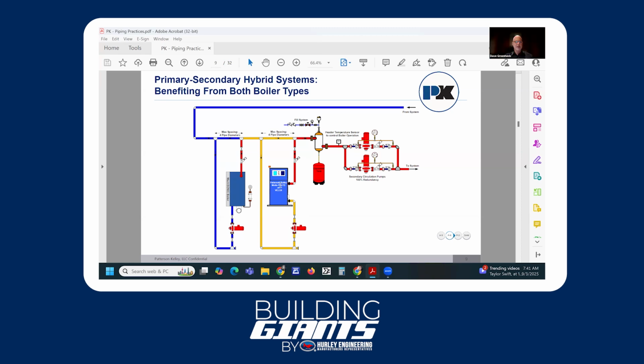Hey, Daryl, would you mind explaining why we have condensing boilers and what the advantage is? Yeah. So it's primarily efficiency. The cooler we can run any heating system, the more efficient we're going to be.